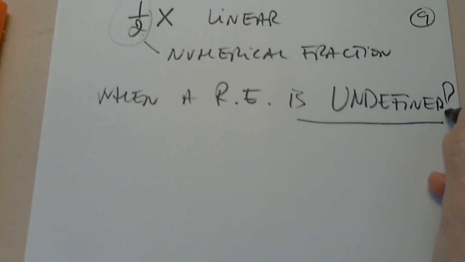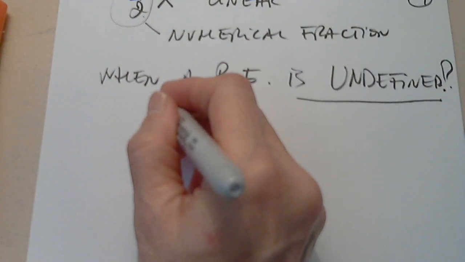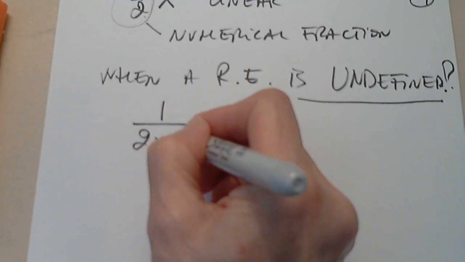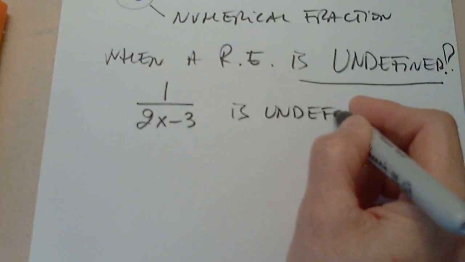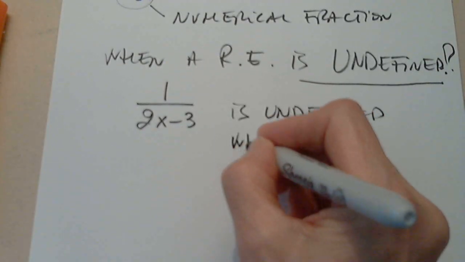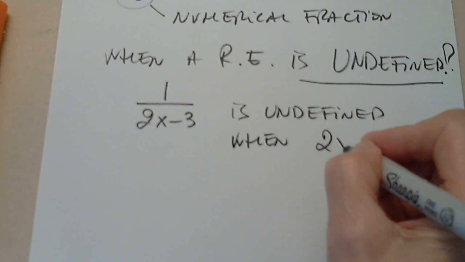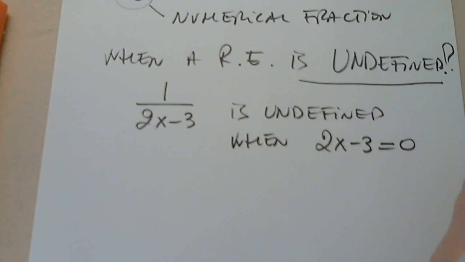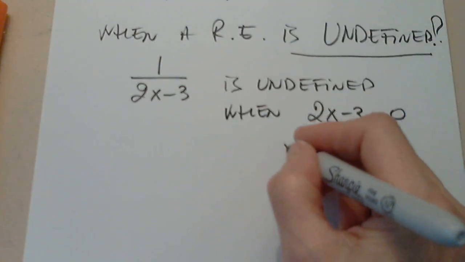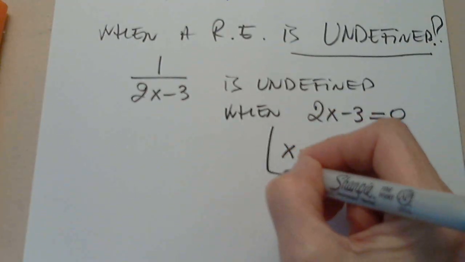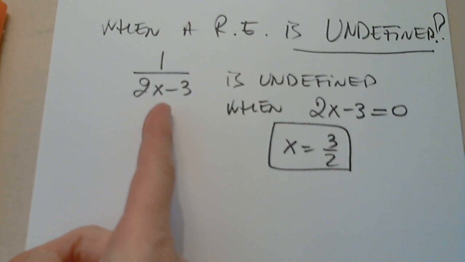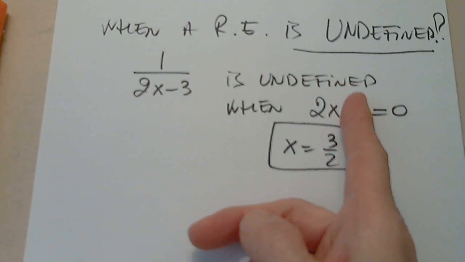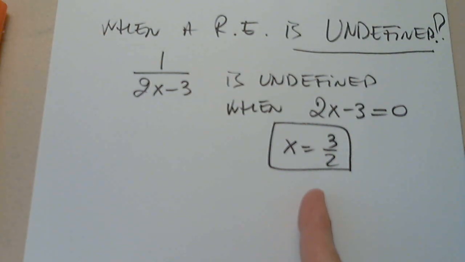Okay, here's an example. 1 over 2x minus 3 is undefined when 2x minus 3 equals 0. I move 3 and divide by 2, x equals 3/2. So I will say this expression is undefined when the denominator is 0, and that will happen when x is 3/2.